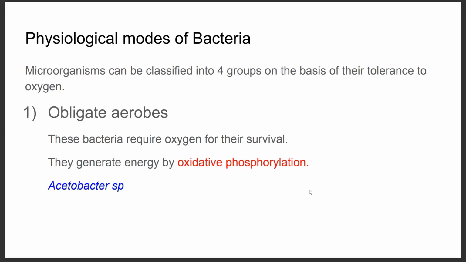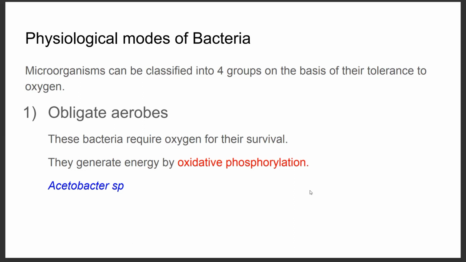Then physiological modes of bacteria. Here the microorganisms can be classified into 4 groups based on their tolerance to oxygen. Based on their tolerance to what? Oxygen. Obligate aerobes means they require oxygen for their survival.